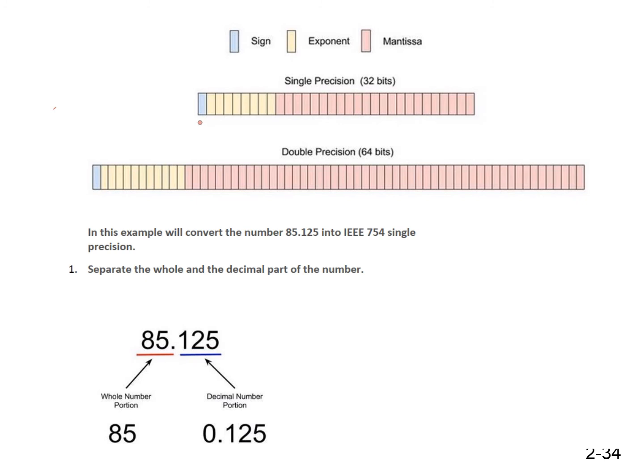Let's dissect the 32 bits. The most significant bit is our sign. Then we have an 8-bit exponent. And then we have a 23-bit mantissa.